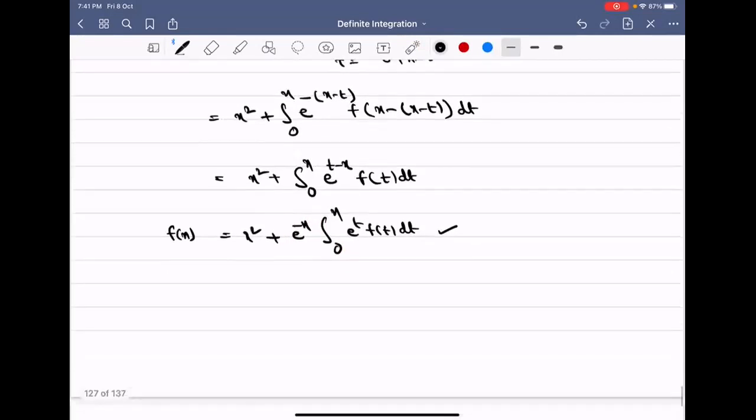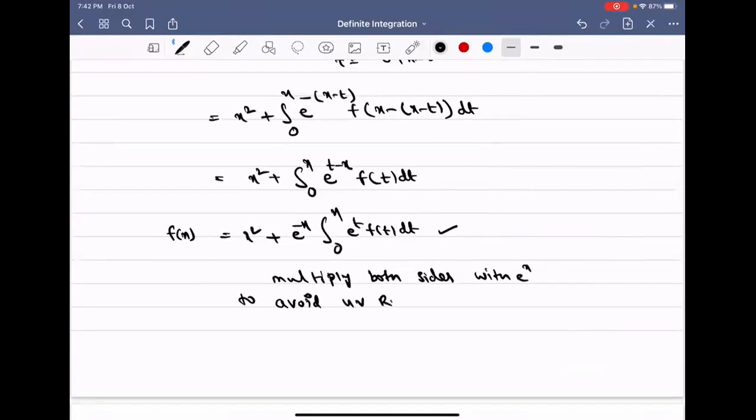So for that, multiply both sides with e power x, so that we can differentiate.